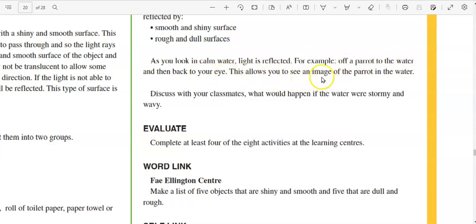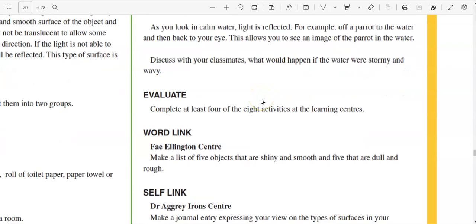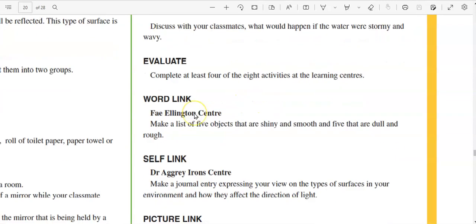This allows you to see the image of the parrot in the water. Okay, now I understand what they're saying. So you have a parrot there or near to the water, and the light bounces from the parrot or any object onto the water and then is reflected to you. Discuss with your classmate what happens if the water were stormy and wavy. So the surface now would become uneven, and that would change the way the reflection takes place, if at all.